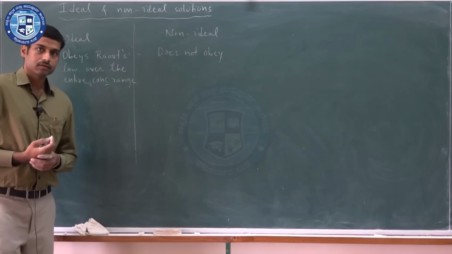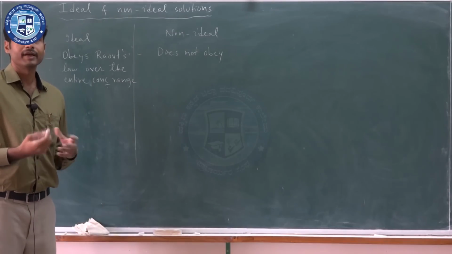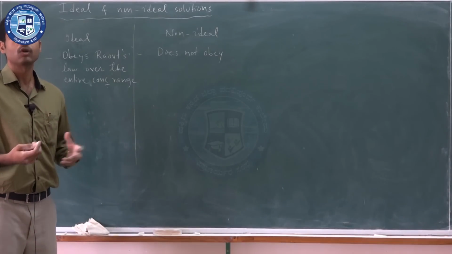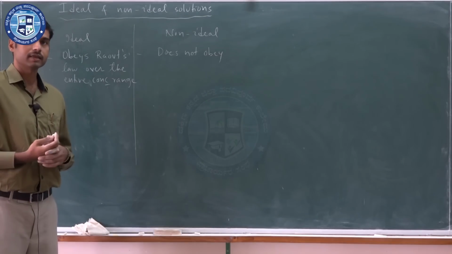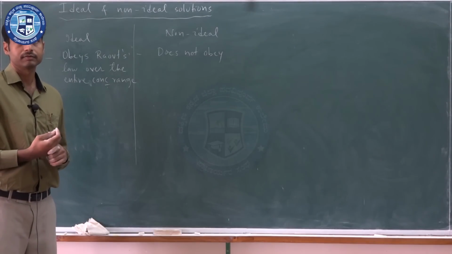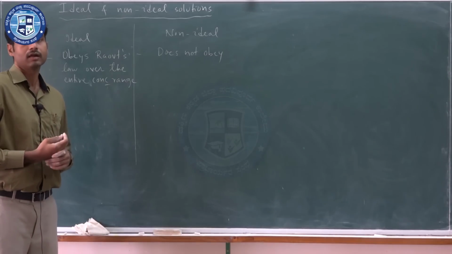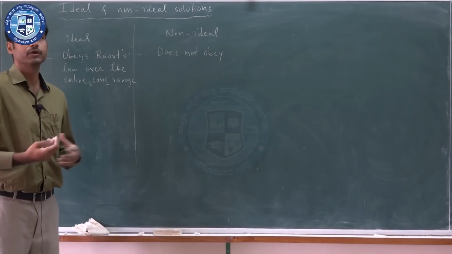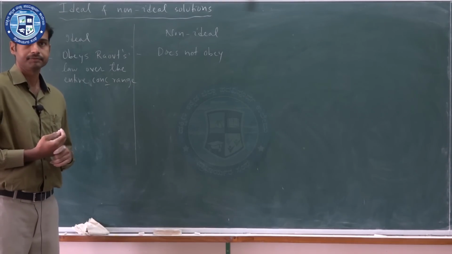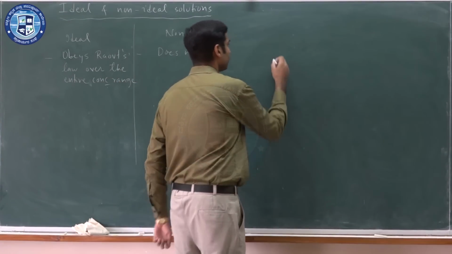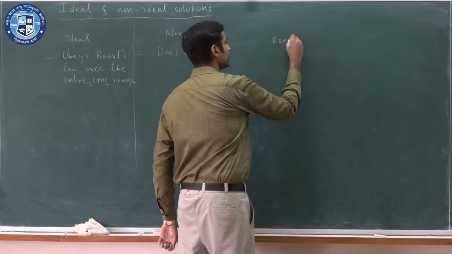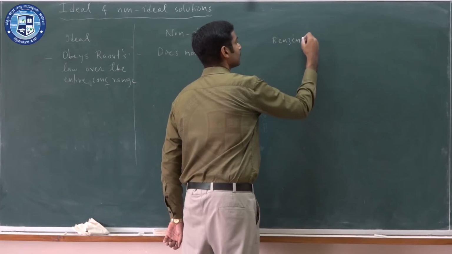Now, why does a solution obey Raoult's law or not obey Raoult's law? Let us try to understand what happens when liquids are mixed and a solution is formed. Let me consider an example, benzene and toluene.